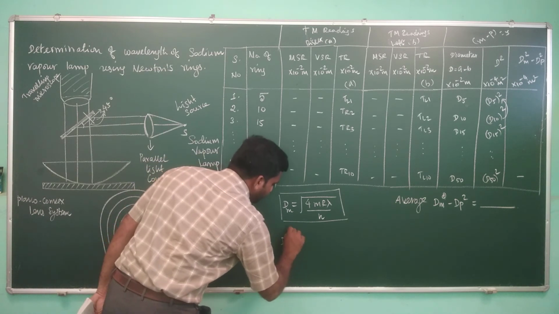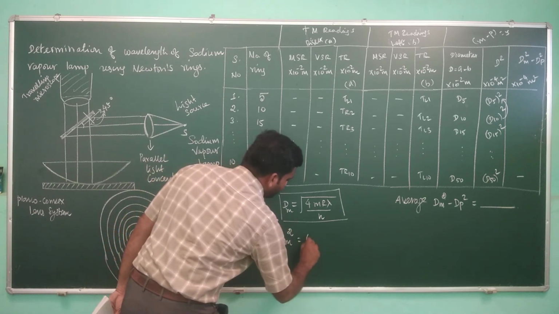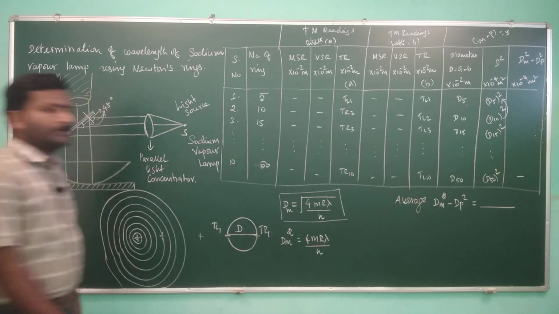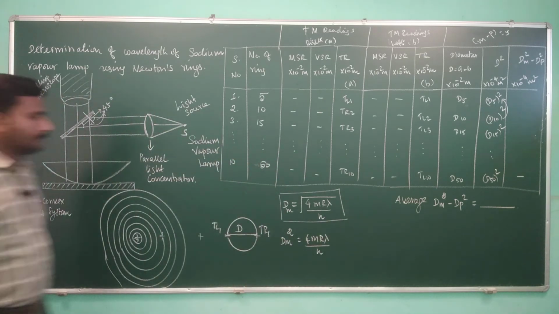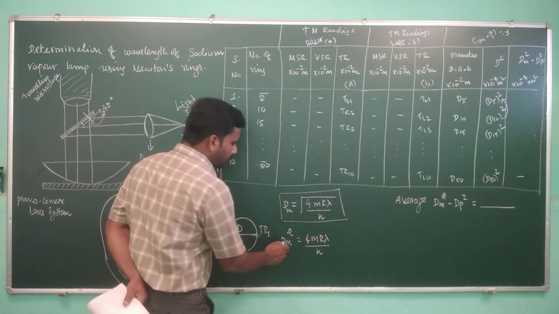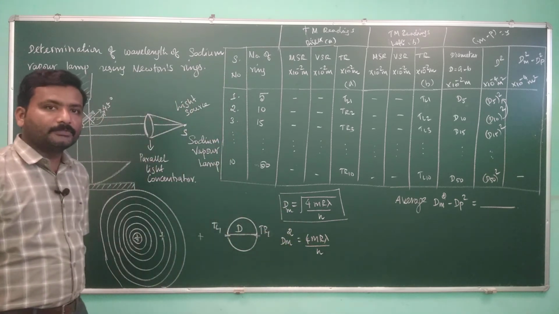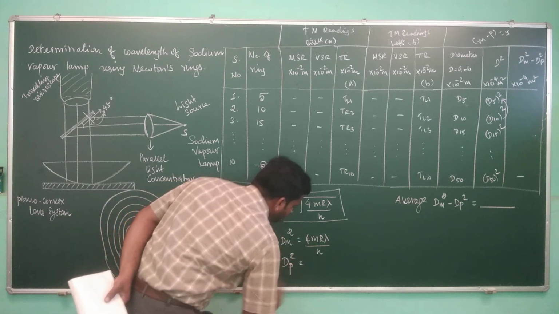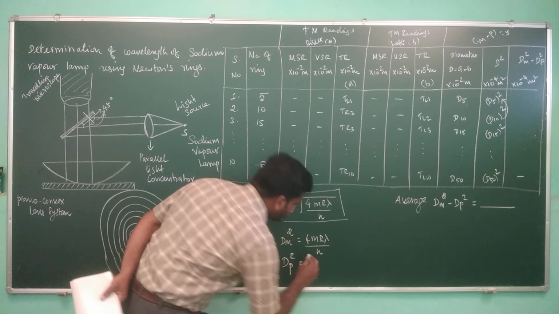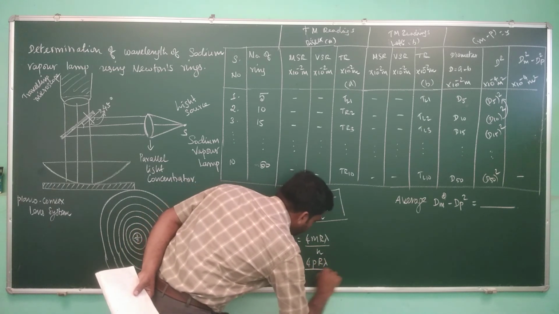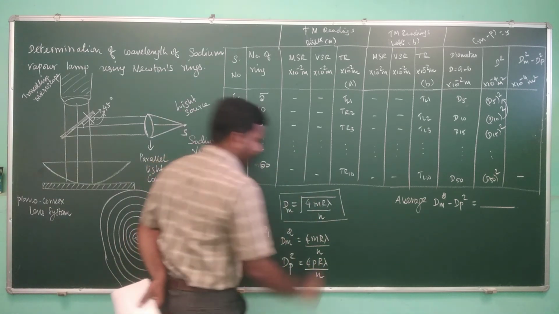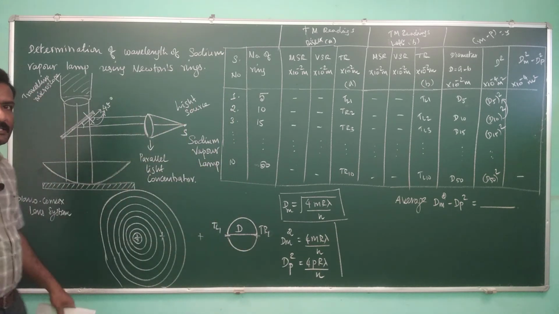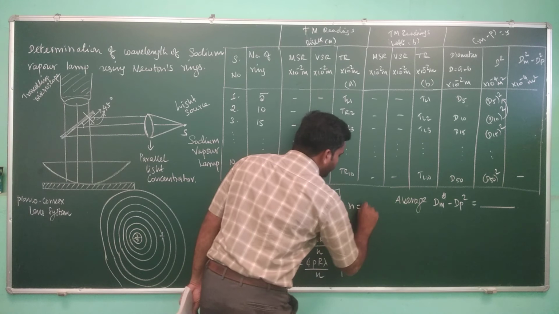Now if we rewrite this for Dm square, you can write 4 m R lambda by n. This is for the diameter of the mth ring, and for the diameter of the pth ring you can write 4 p R lambda by n. Here this is an air film. The refractive index of air is equal to 1, so n equals 1.